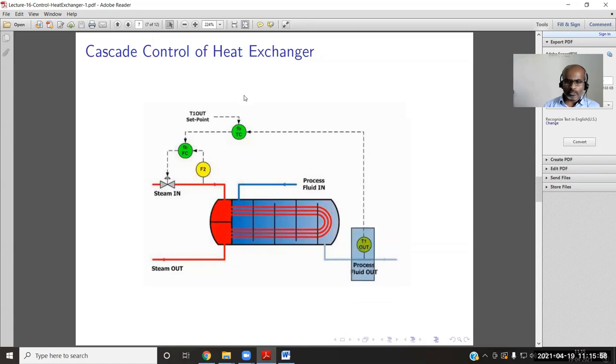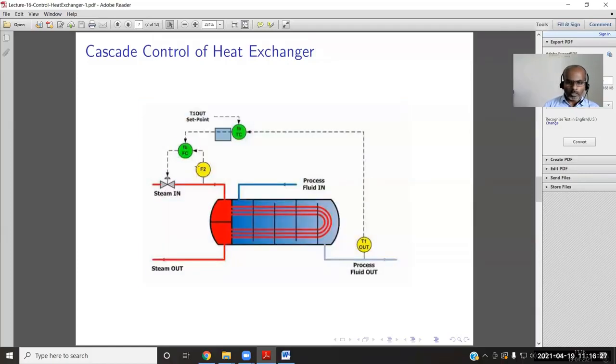We have a measurement going to the temperature controller, for which a set point is given. Most of the time the set point won't be changed. We want to keep the system constant irrespective of any disturbances entering. Now the temperature controller output is given to the flow controller. The set point for the flow controller comes from the temperature controller's output.